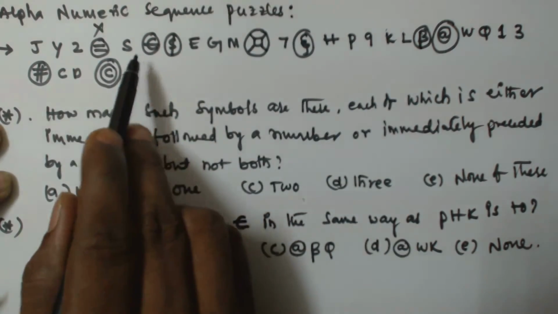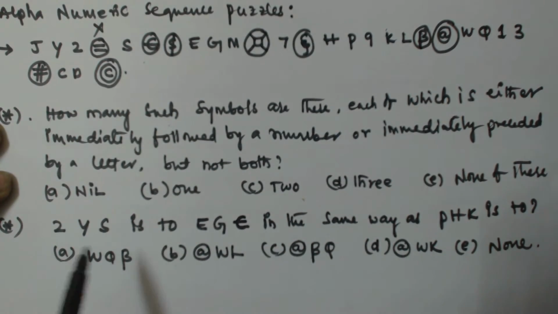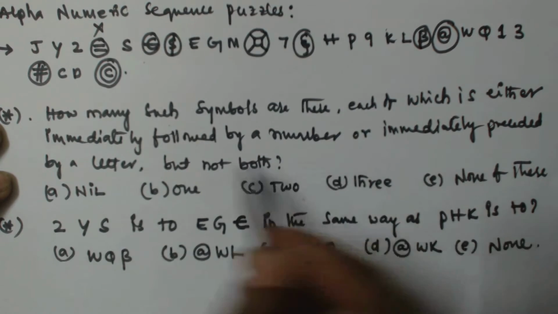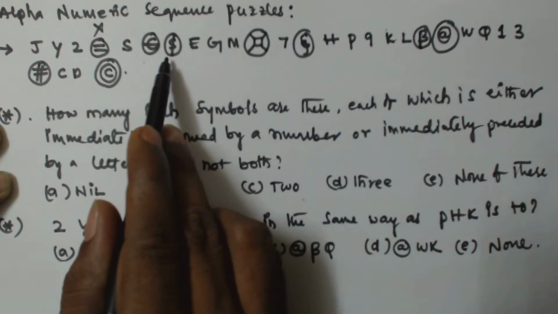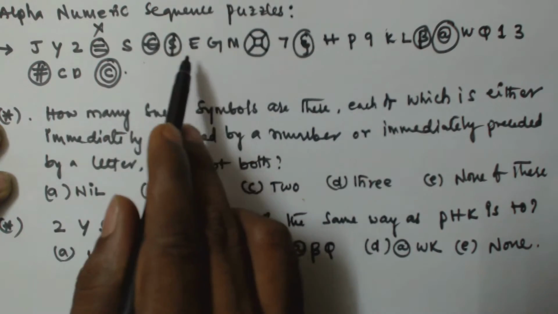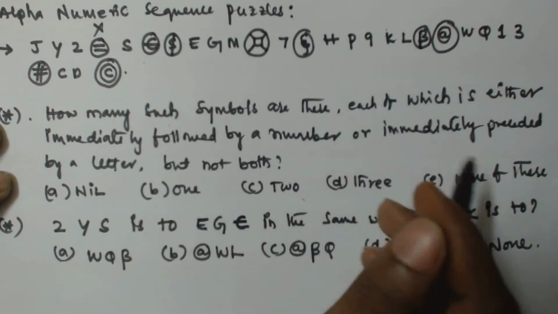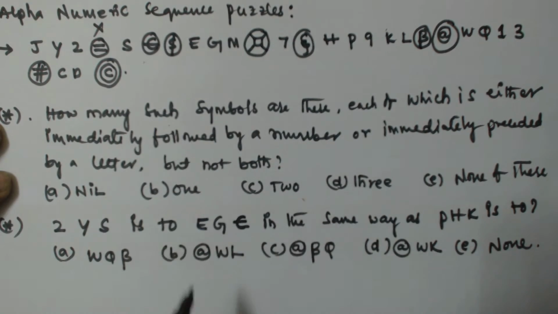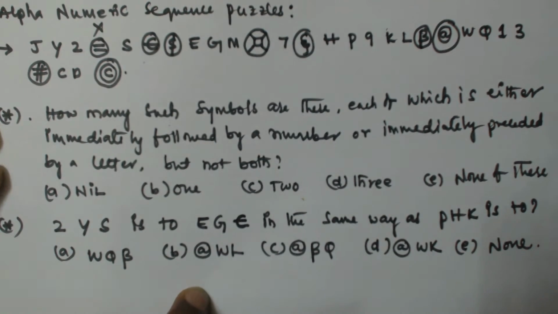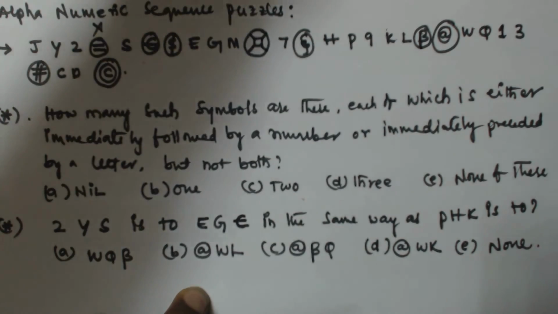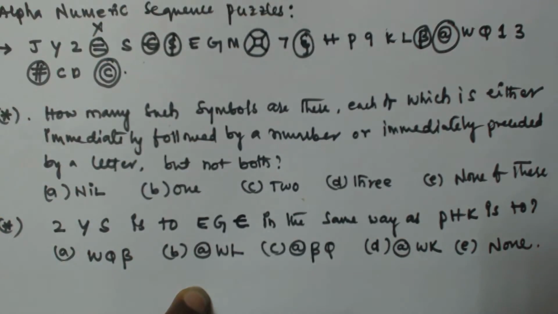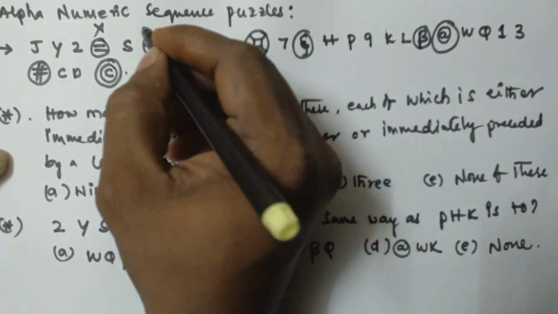The next one is epsilon, and it is preceded by a letter, so that is satisfying one condition, and it is immediately followed by a dollar symbol, not a number. So this one is satisfying the condition, so we can take this one.